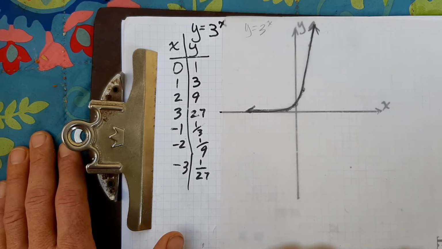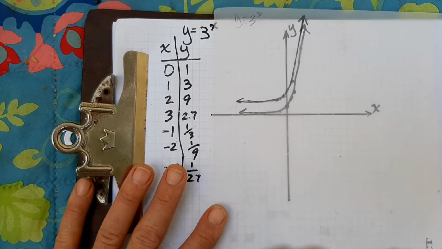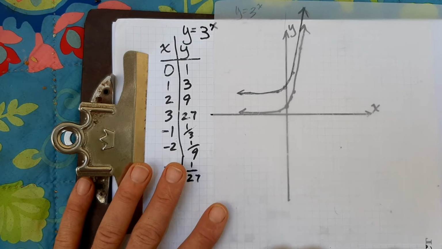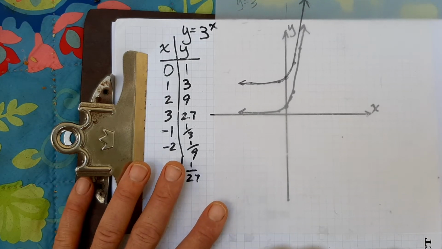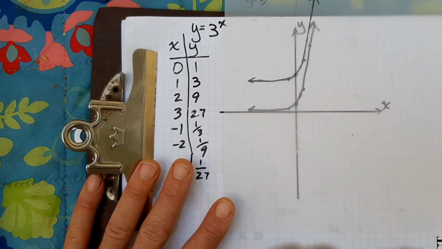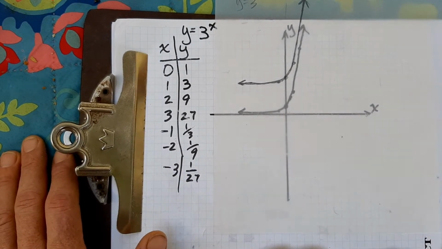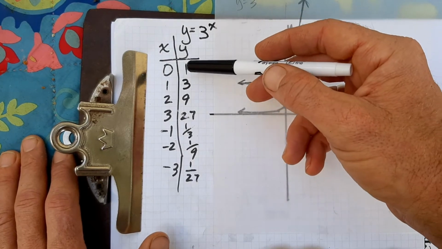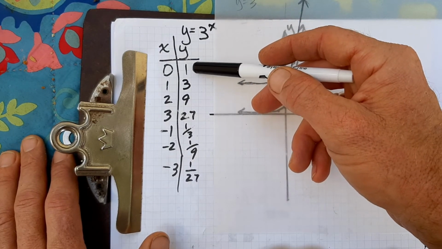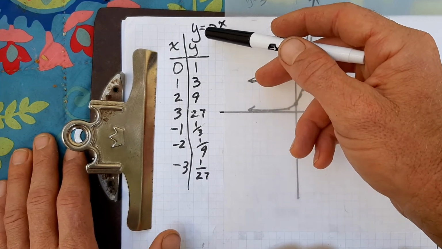What would move this graph up, say up 4 units? Well, I would add 4 to each of my function values, my y values. And how would I do that? Y equals 3 to the x.